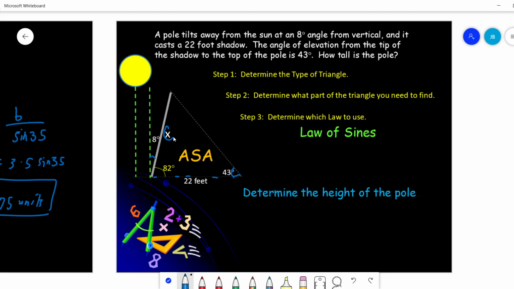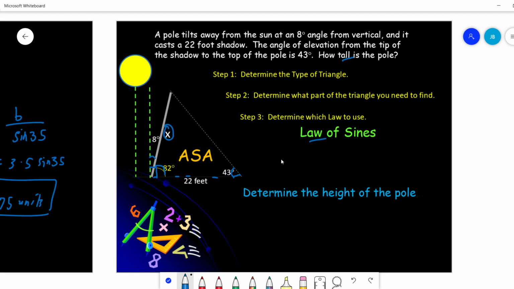So we are going to find the height of the pole, which is side x. Since this is 8 degrees, obviously this is 82 degrees, because 90 minus 8 is 82 degrees. To find the value of x, we're going to use the law of sine.